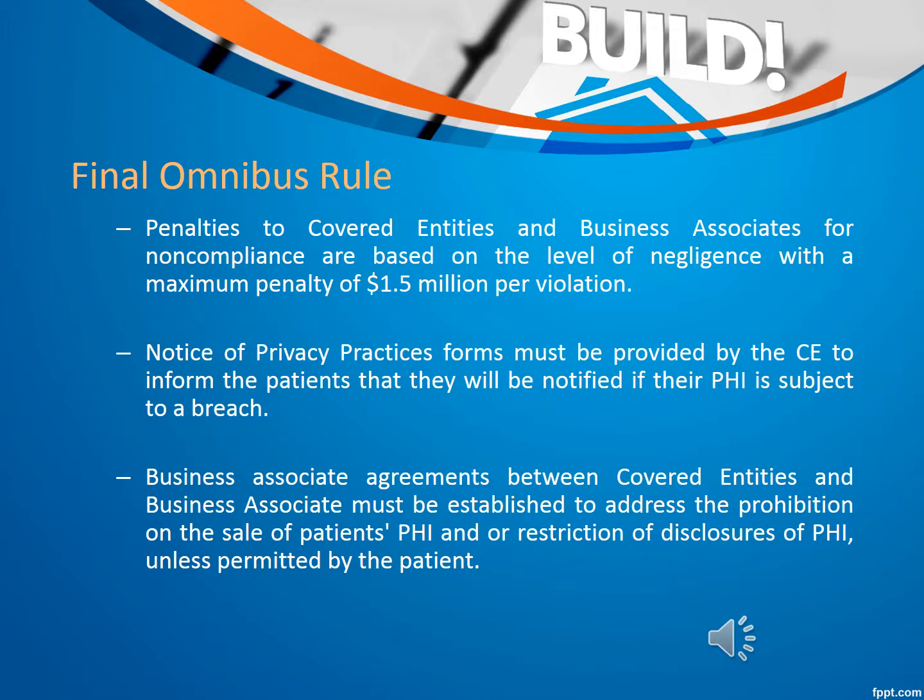Business associate agreements between covered entities and business associates must be established to address the prohibition on the sale of patient records or PHI and or restriction of disclosures of PHI unless permitted by the patient.